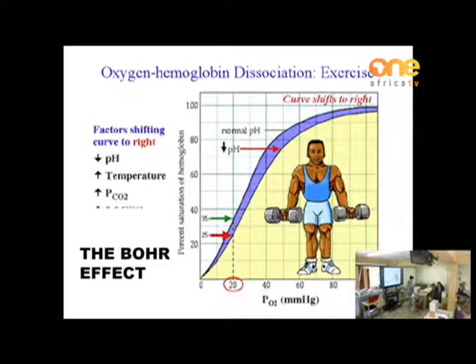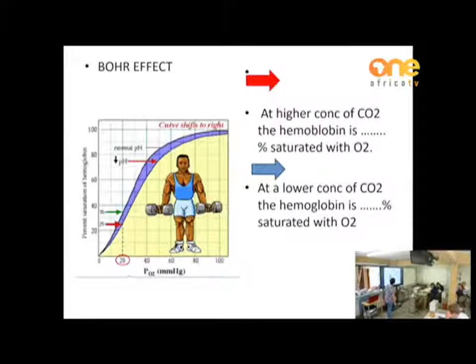So you have more oxygen is unloaded, which means carbon dioxide reduces the affinity of hemoglobin. We can also say hemoglobin has a higher affinity for carbon dioxide. Okay, do you follow me, class? Very, very important.